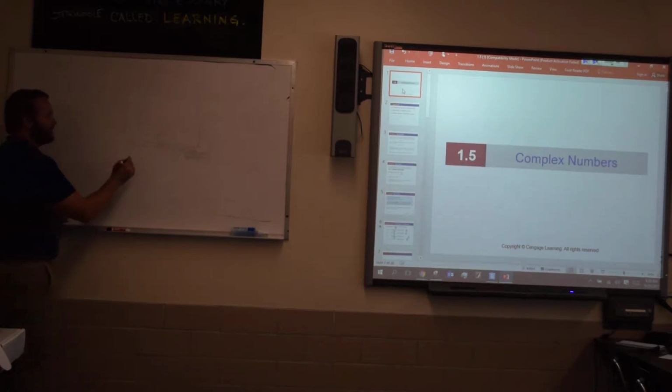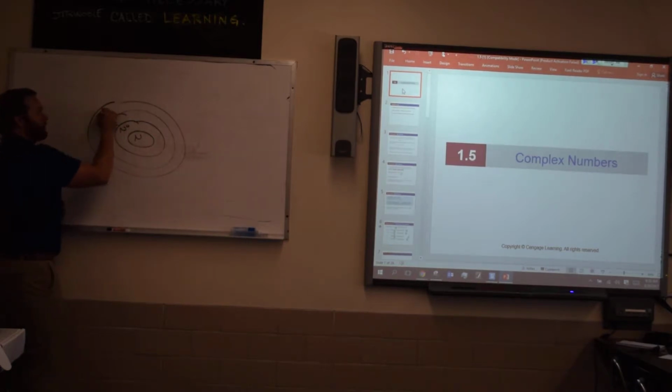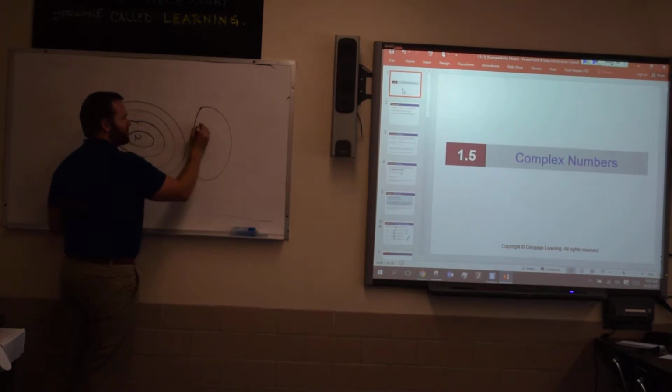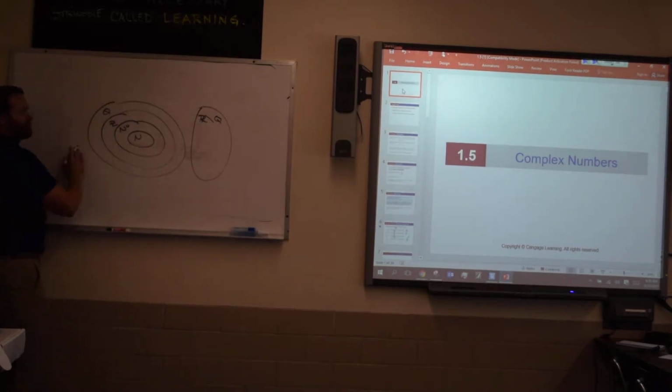Just going back to what we talked about the second or third day of school. Remember our natural numbers, our whole numbers, our integers. The next group was our rational numbers, right? Then we had our irrational numbers, which we said were your real numbers remove your rational numbers, so things like pi and square root of 2 and stuff like that.